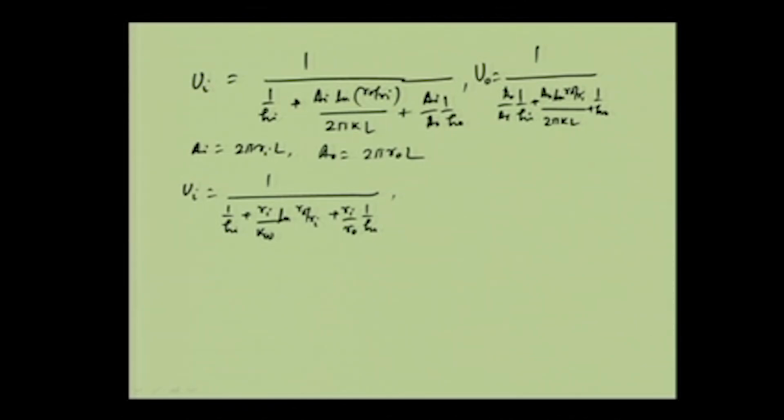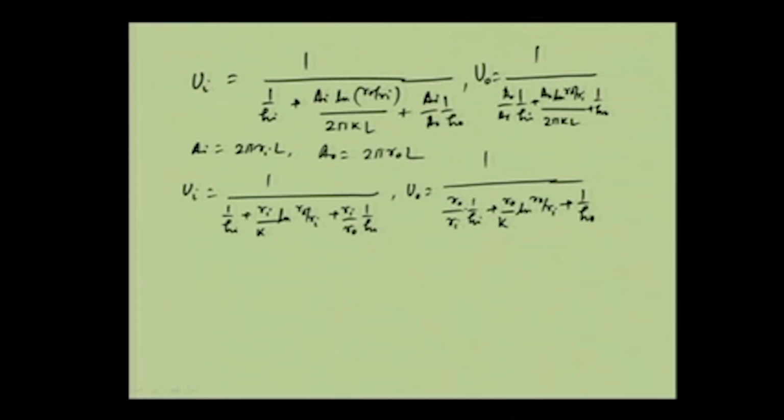And then similarly Uo also can be written as 1 by Ro by Ri into 1 by Hi plus Ro by K, sorry, Ro by Kw. Kw means K, the thermal conductivity of the wall material for the tubes, into ln Ro by Ri, and plus 1 by HO.